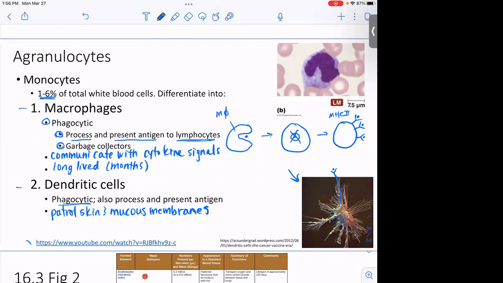Okay, and here is, you know, I'm always on the lookout for good animations. If you ever find some, send them my way. But that's a cute little animation talking about macrophages and dendritic cells and the difference between them and what they do.